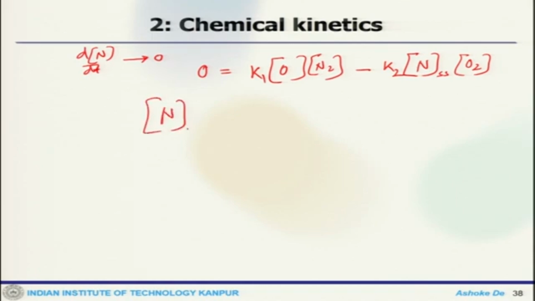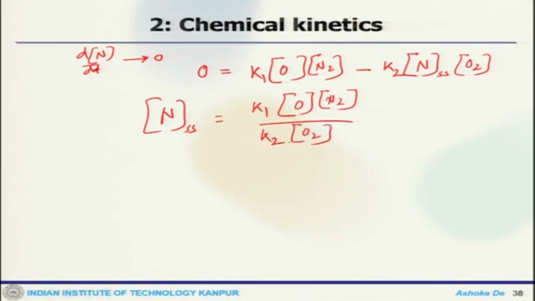So, my N at steady state is K1 [O][N2] divided by K2 [O2]. So, this you can mark as 2.45 and this is 2.46.